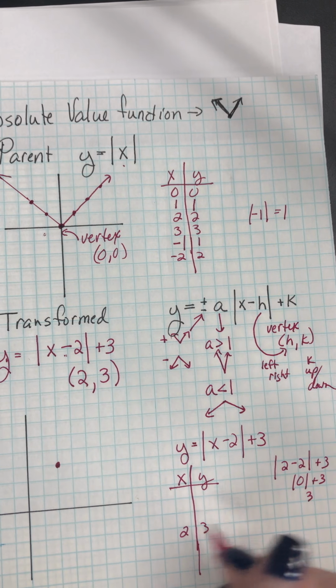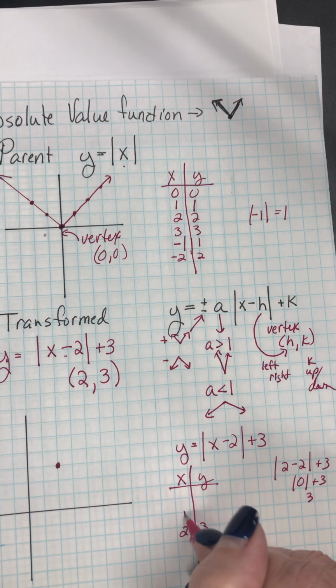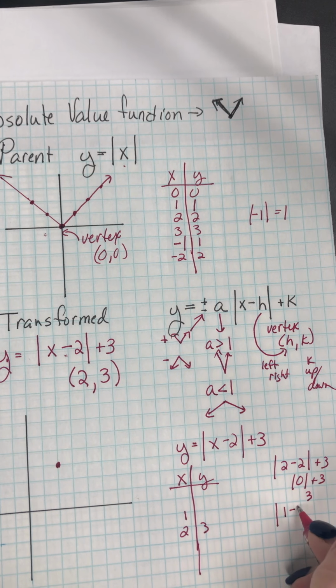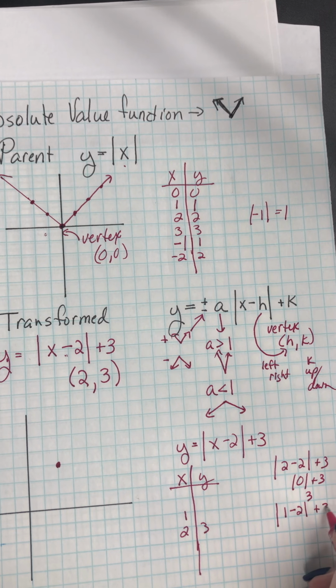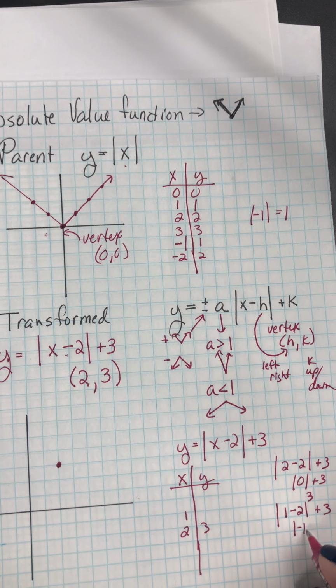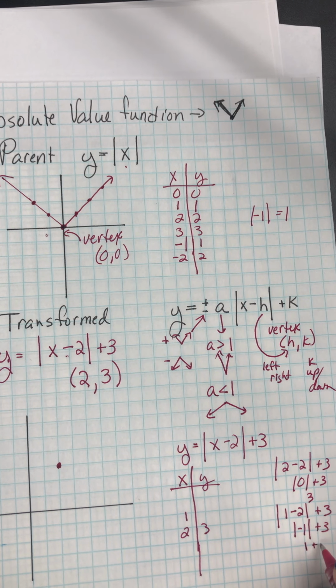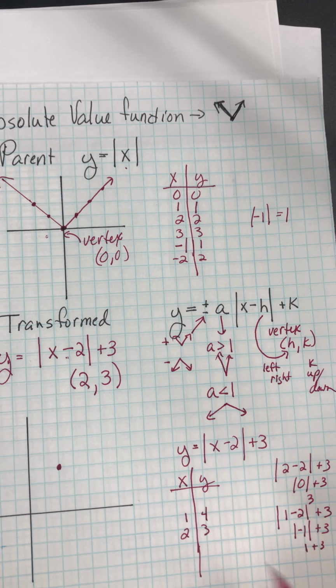Now I have to go on either side of this. I'm going to try a 1. The absolute value of 1 minus 2 plus 3, which is the absolute value of negative 1 plus 3, which is going to be 1 plus 3, which is 4.